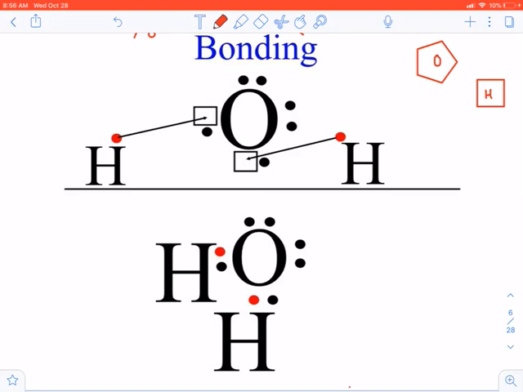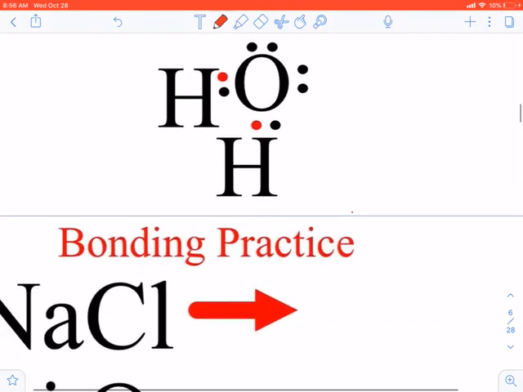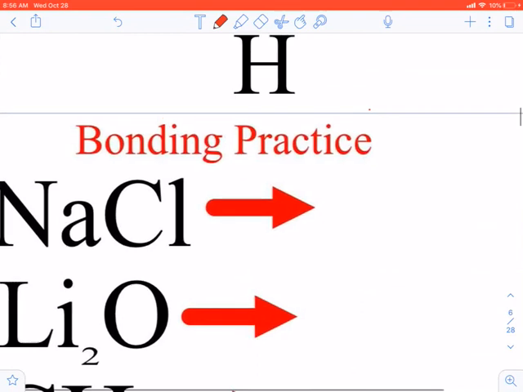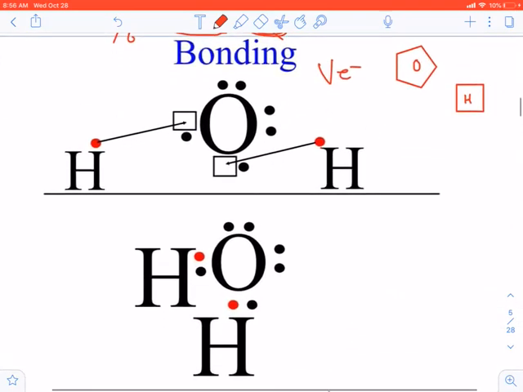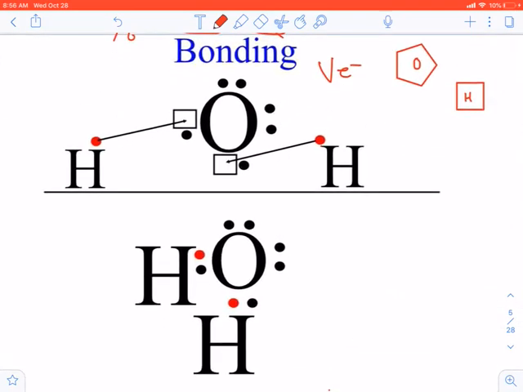All right? What happens is we have hydrogen with a valence electron. Remember, we're just worried about valence electrons here. Okay? And what we have here is every hydrogen has 1 valence electron, and oxygen has 6 valence electrons.